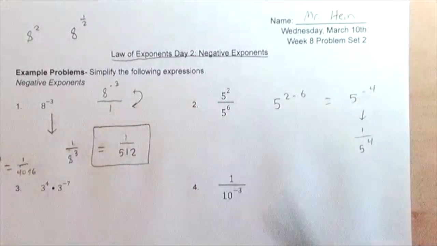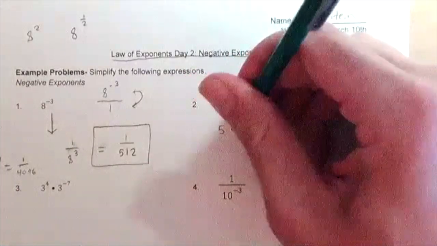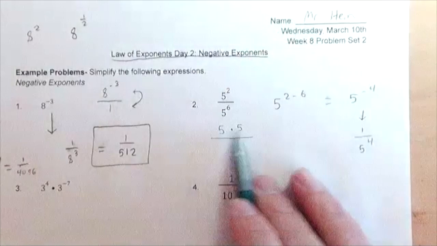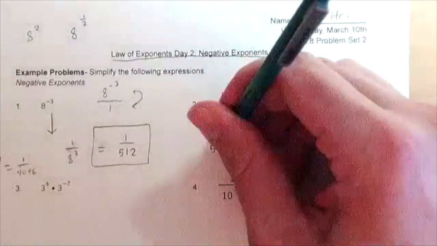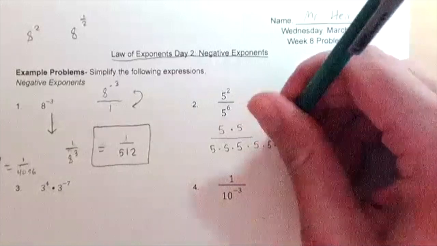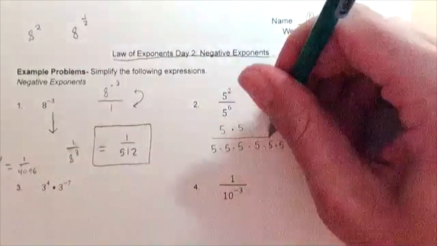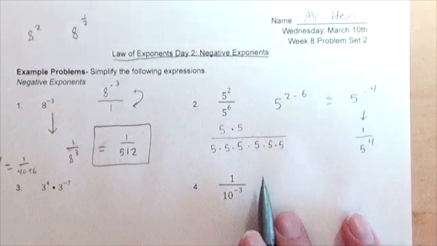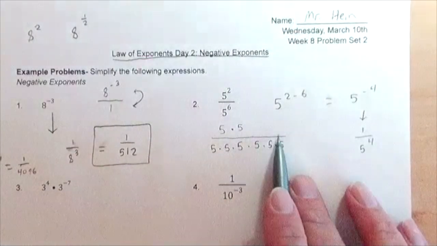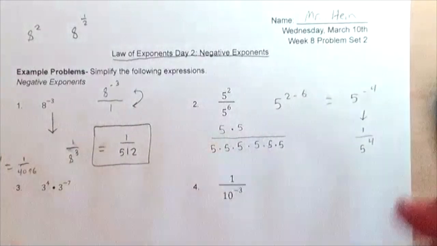And if we're looking here, let's think that 5 squared is just 5 times 5. And 5 to the 6 is just 5 times 5, 6 times, right? And if it was the other way, if it was 5 to the 6 on the top and 5 squared on the bottom, we know that we could cross out and that would show how many are left.